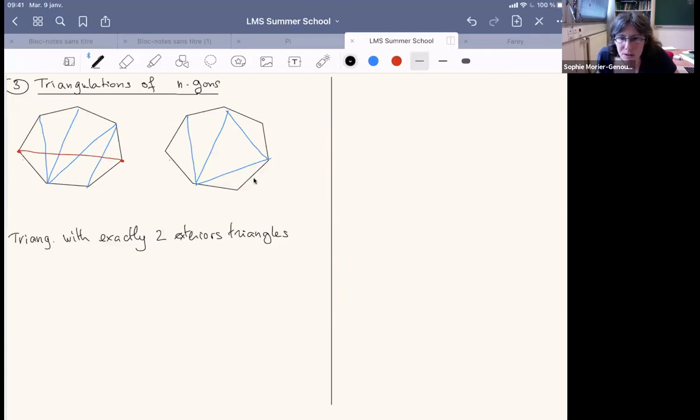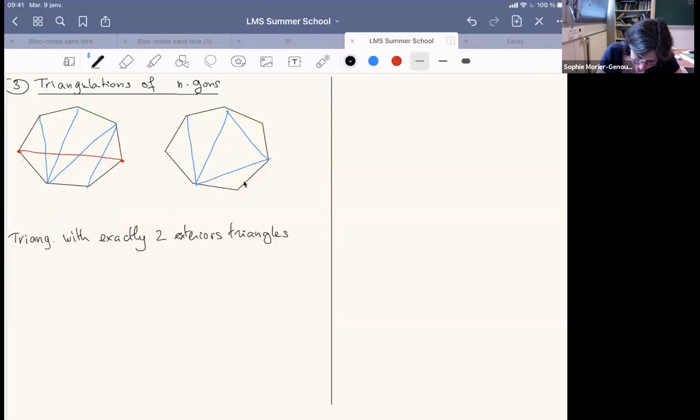Yes, the converse holds. If you can find a diagonal that crosses every other diagonal of the triangulation, then it's because it has only two exterior triangles. There are many properties that are very intuitive, and if you want to write them down, it's sometimes some induction, but it's also easy to write a real proof. Okay, so let me finish with what I was saying.